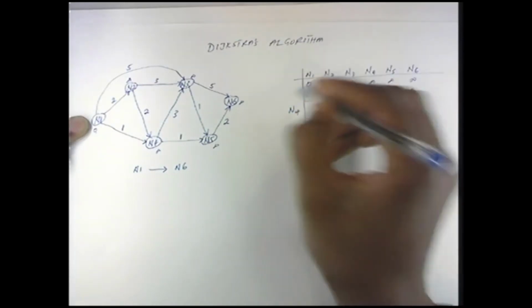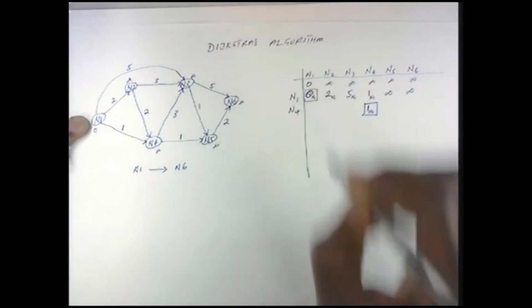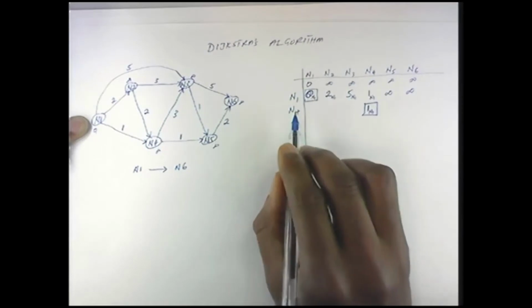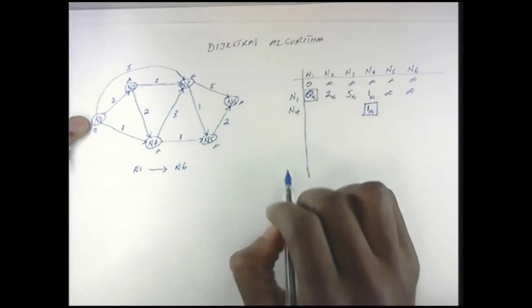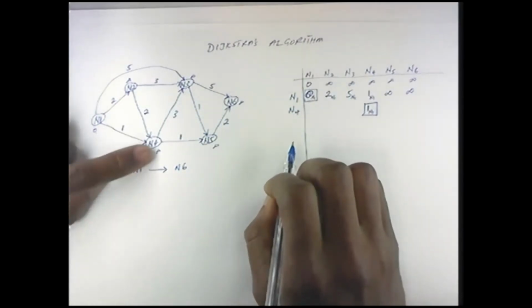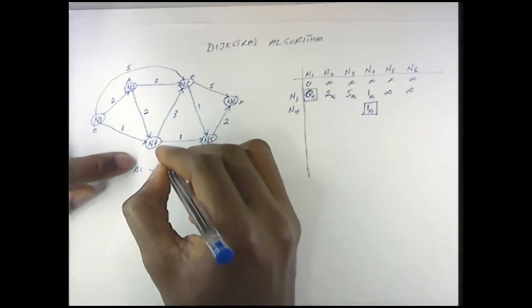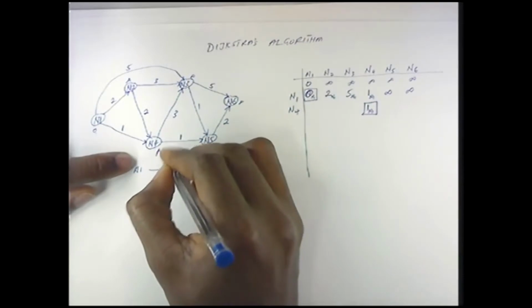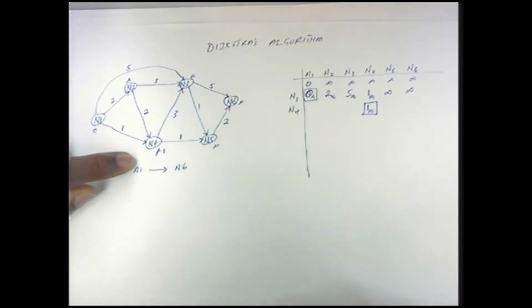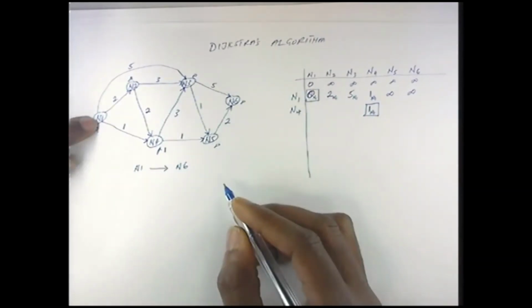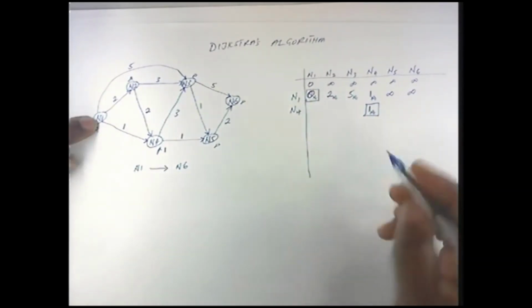Don't forget, here we're from N1. So, I have N1 here. So, here we have N4. So, it means that we are currently standing on N4. It means we know the current value of N4. So, I can update this infinity and put here 1. So, that is the cost at N4. And that is coming from N1. Okay? Hope you are following.